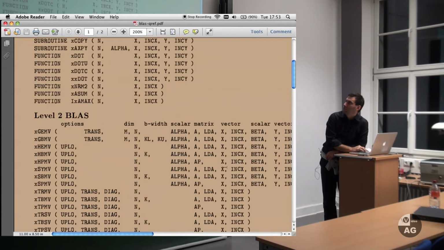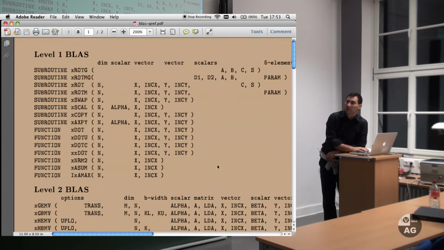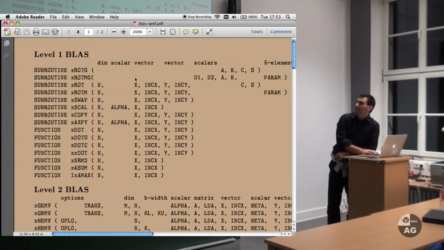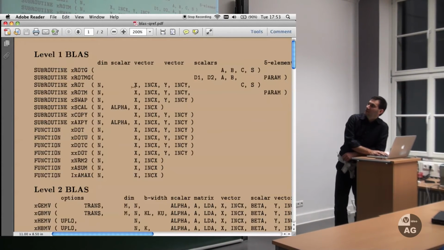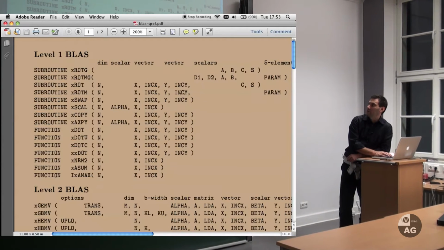And so if we go back to level 1 BLAS, we see that every vector has its relative increment, x increment x, y increment y.